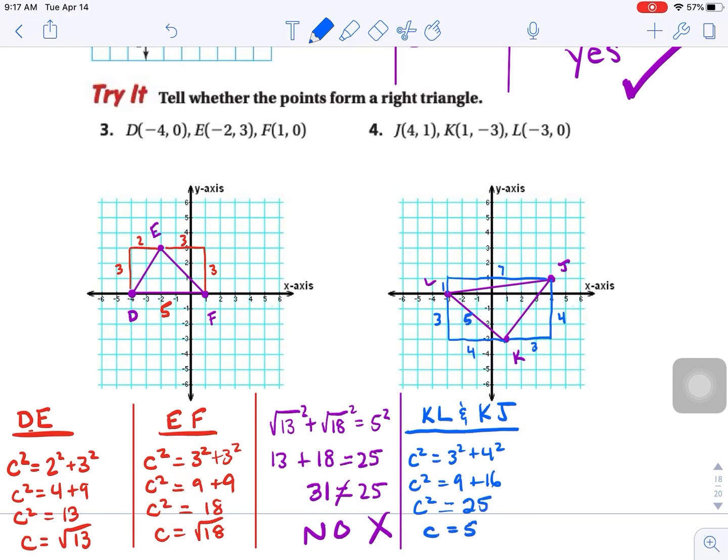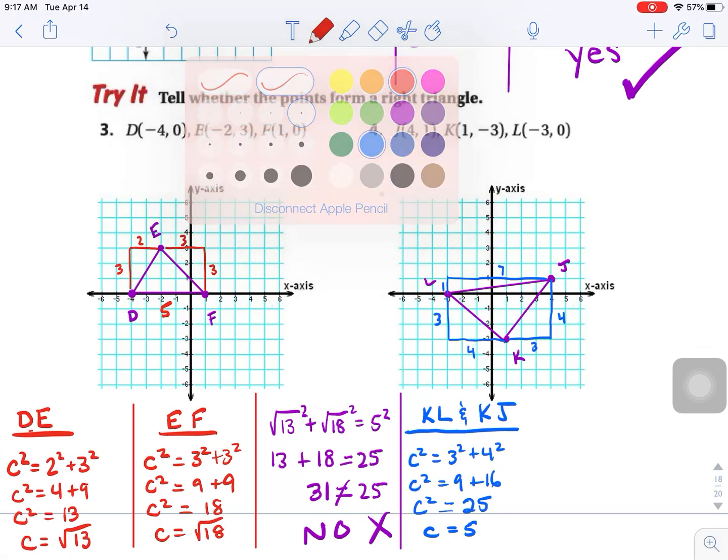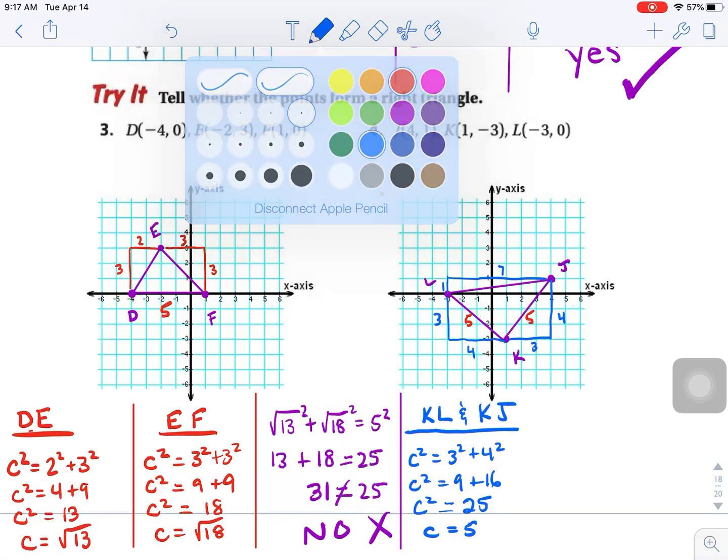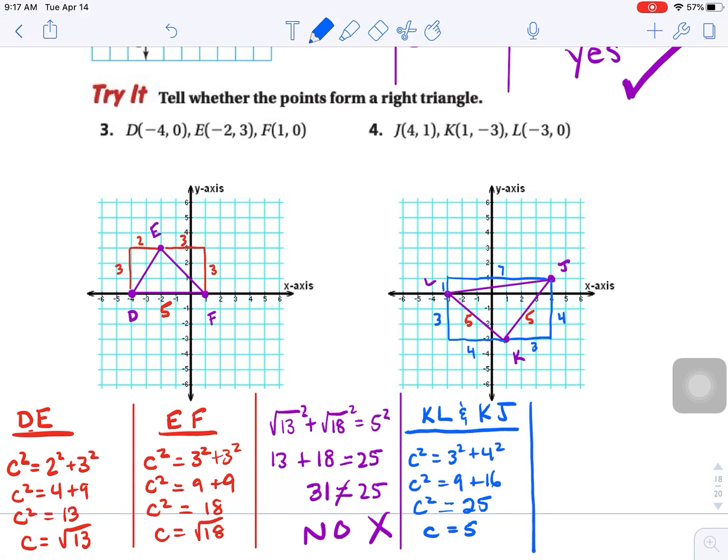All right, so I know both of those sides are 5. I'm going to switch colors there, actually. All right, so now we can find LJ, which is 1 by 7.